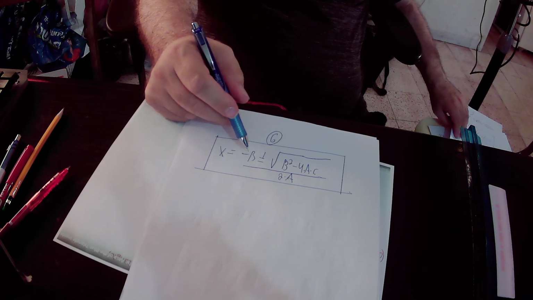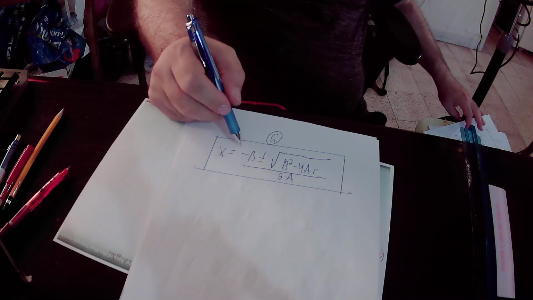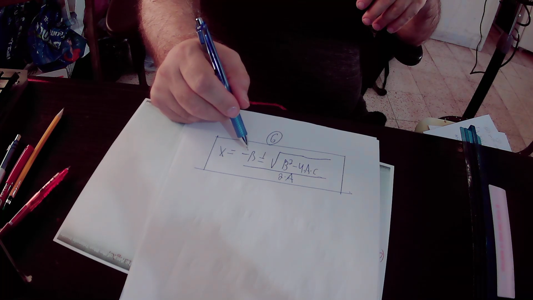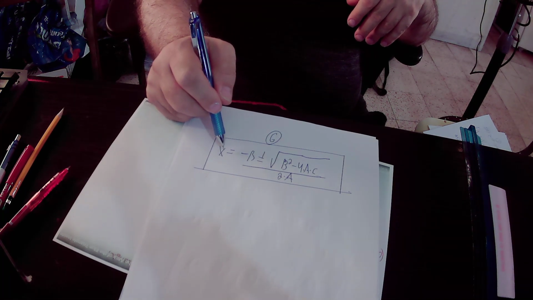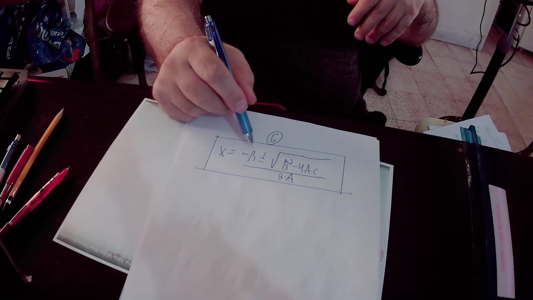The value or the values of x, because x might have two different solutions. As you can see in the equation, x equals minus b plus minus.